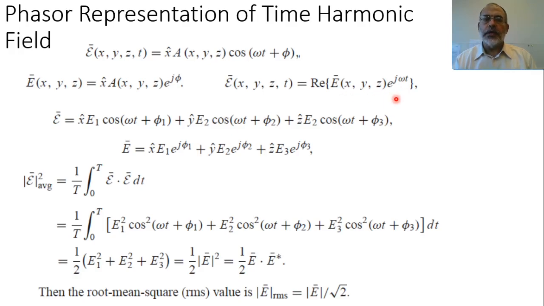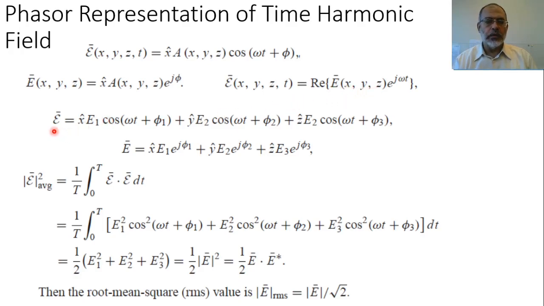This representation is known as the phasor representation of a time harmonic field. So we can keep in mind that the time variation is e to the power j omega t, and we can perform everything related to the derivative with respect to space on the phasor quantity E as a function of x, y, z.